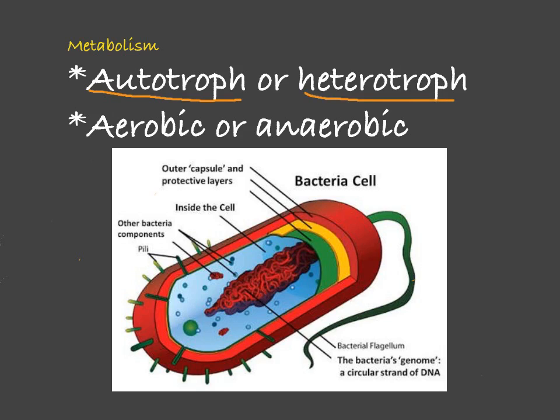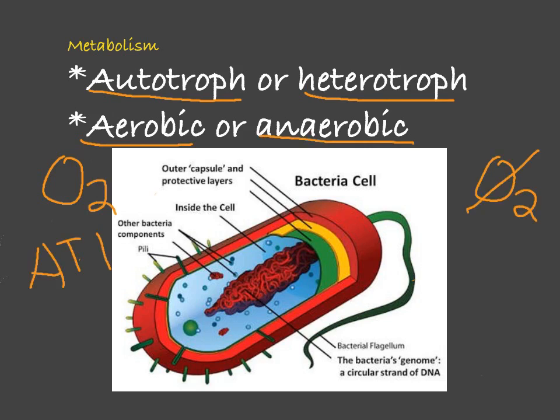Remember that some bacteria can also be decomposers, like the ones that destroy dead material or return the nutrients to the soil. Also, we can classify bacteria by the way they can or can't use oxygen. They could be known as aerobic organisms, which means they use oxygen, or anaerobic organisms if they don't need oxygen to produce ATP.